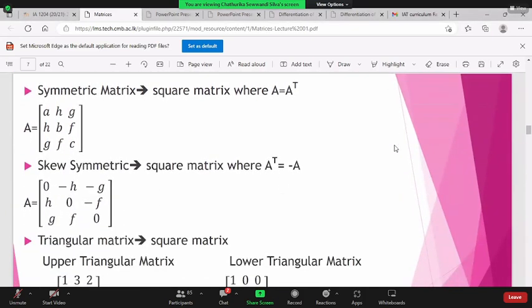Right. So next one is symmetric matrix. So what do you mean by symmetric matrix? Symmetric matrix is like this, right?